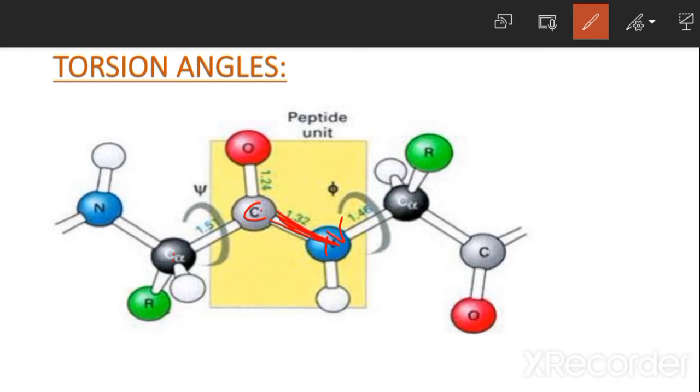And here you have to remember some names. Here omega rotation, here phi, and here psi.